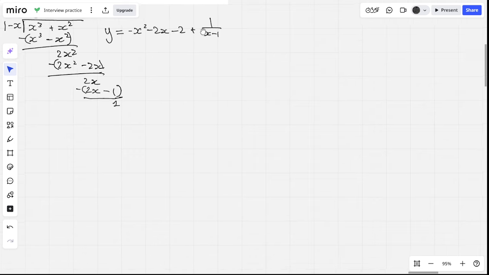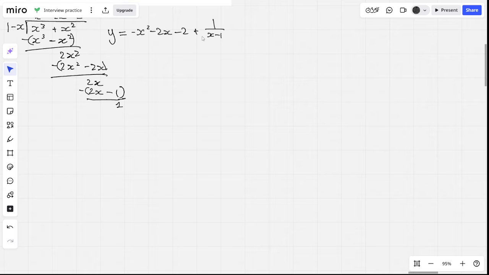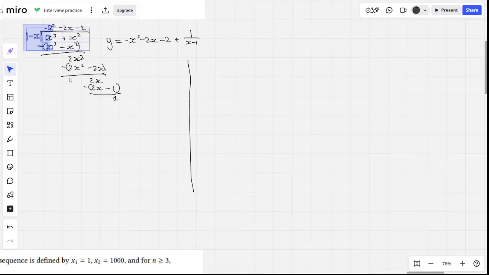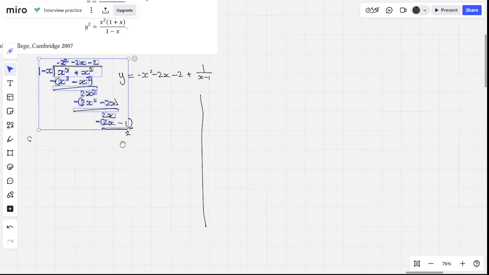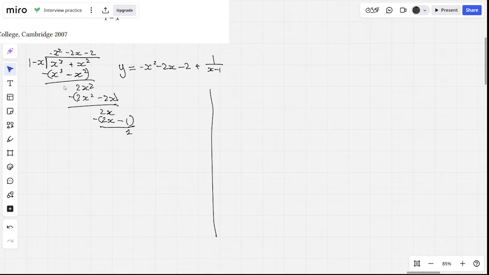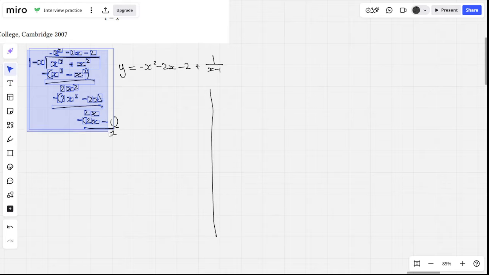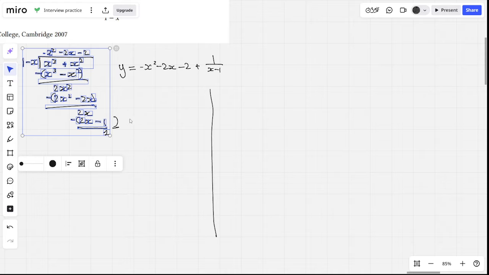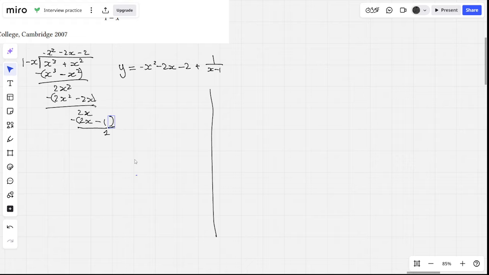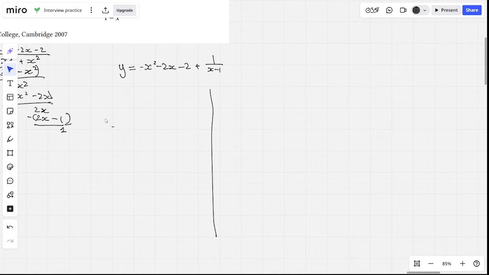And when I do it here, I think that's enough space. Actually, I'm going to move this around. There should be enough space, I guess. I hope so. Let's get rid of that. Okay.